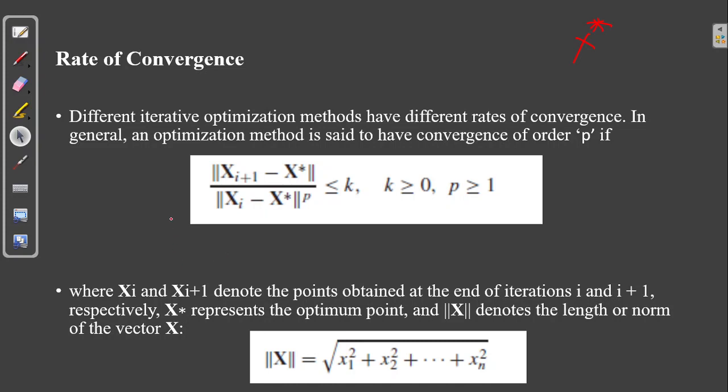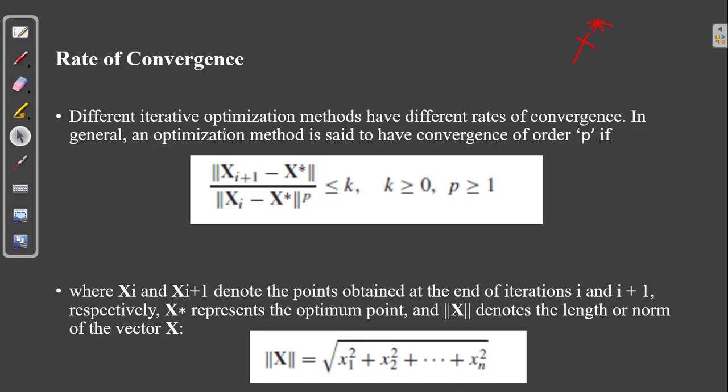Okay, that means different iterative optimization methods have different rates of convergence. That means you have a rate of convergence different for steepest descent method, Powell's method, Hooke-Jeeves method, conjugate gradient method, so these rates of convergence vary. Okay.